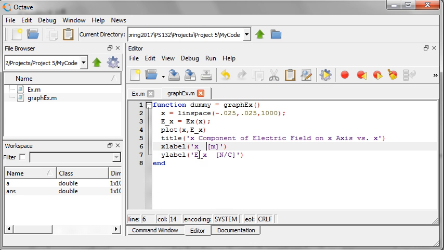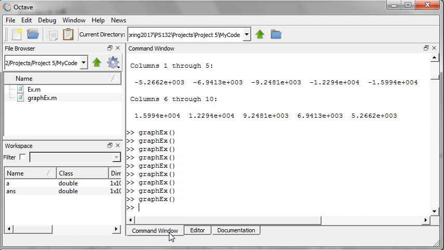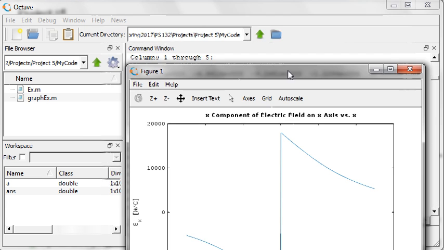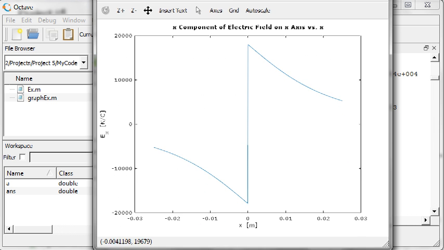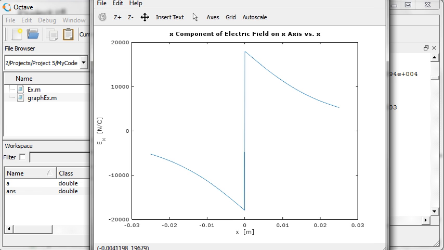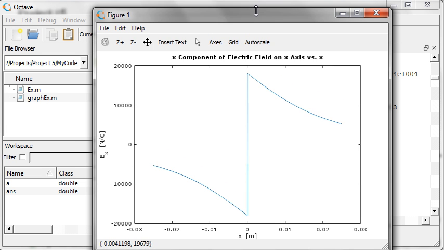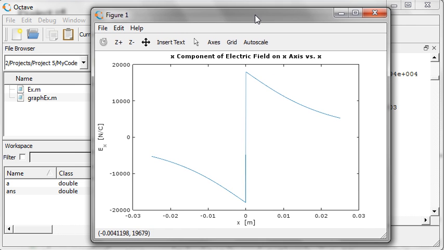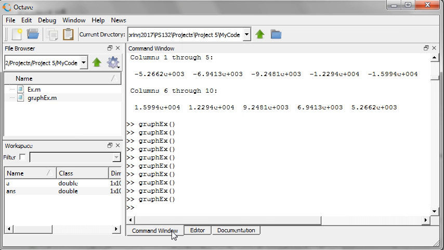So yeah, I like that better. I think we're there on the graph.